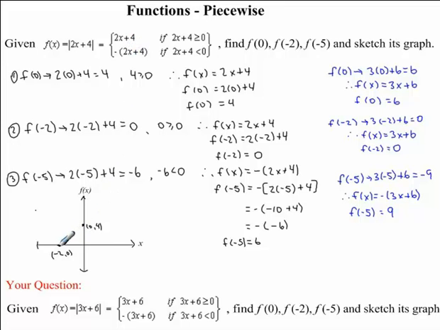So all we're going to do now is connect these two lines here. And over here we're going to have the positive slope. And over here, if we connect these 2 points, we know the slope of this line will be negative. So this is the graph of the function 2x plus 4, all in absolute value bars.